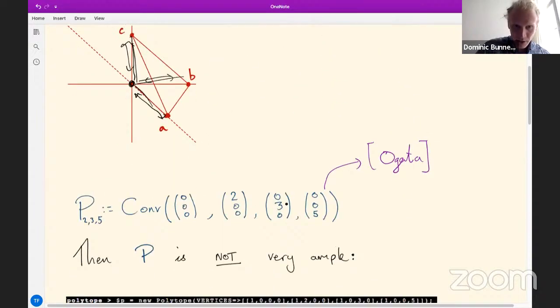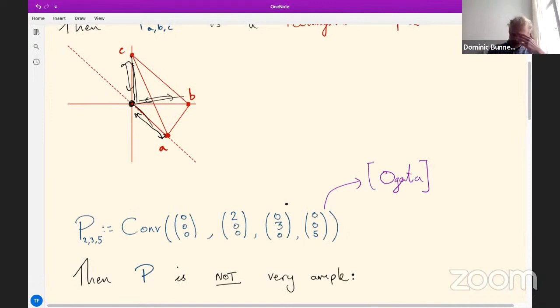So the first example: it was claimed erroneously by a few people that we had this result for projective spaces and for smooth toric varieties. As a smaller side comment, line bundles on such varieties are very ample if and only if they're ample.